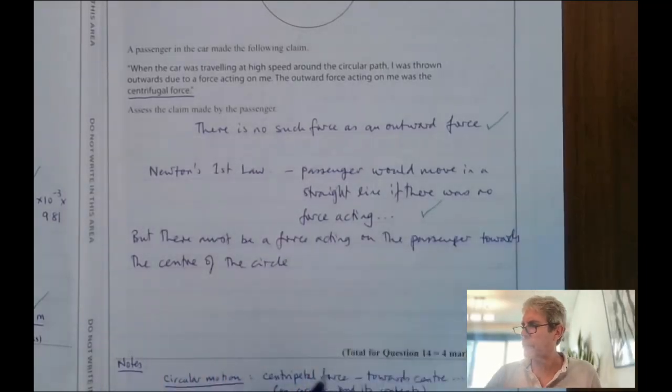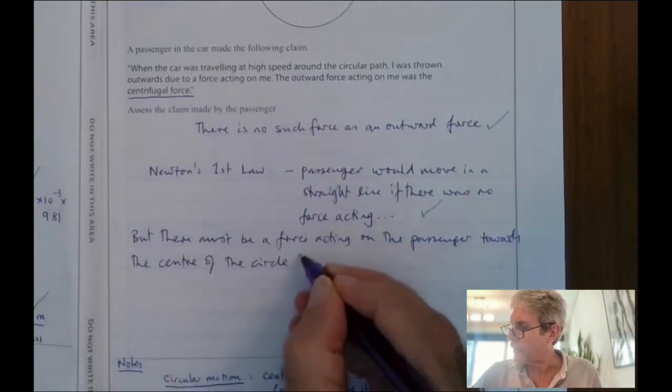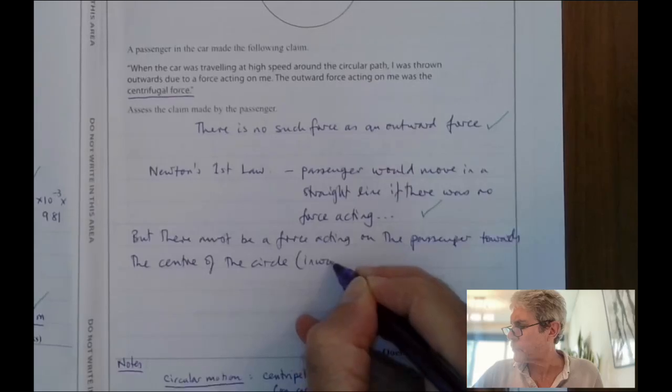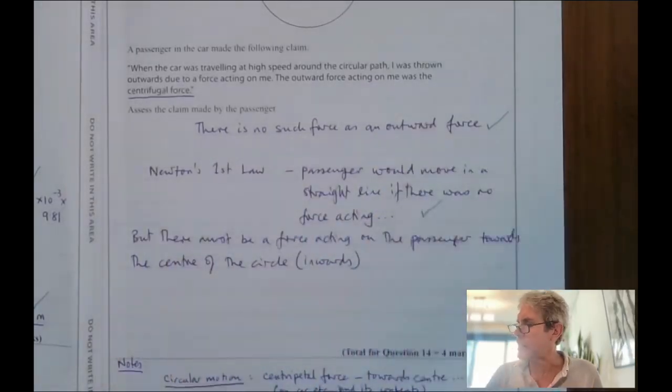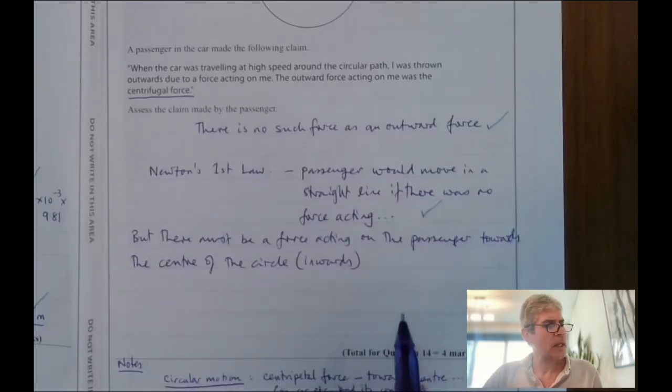And this will be, so for it to, obviously is going in a circle, so there must be a force acting on the passenger towards the center of the circle, and it must be inwards, yes? So that automatically shows that there is no such thing as an outward force. So as long as you know that this is now an unbalanced force situation, this is actually Newton's second law. There must be a force acting on it, yeah?